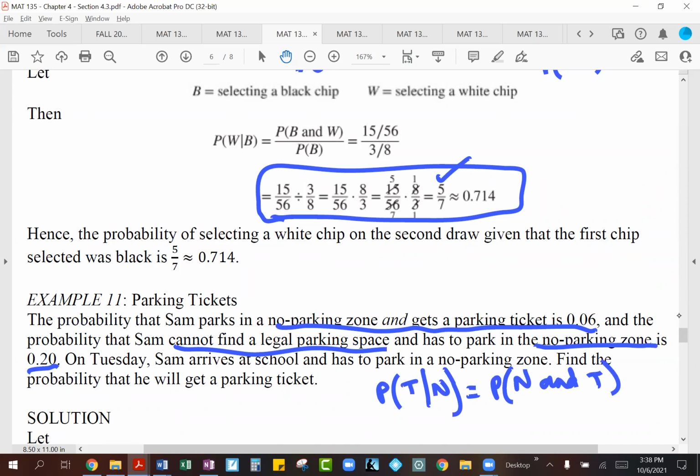So that probability they're giving us as 0.06. And then you divide that by the probability of not finding a parking space and parking in a no parking zone. And that probability is 0.2, which is also given to us.